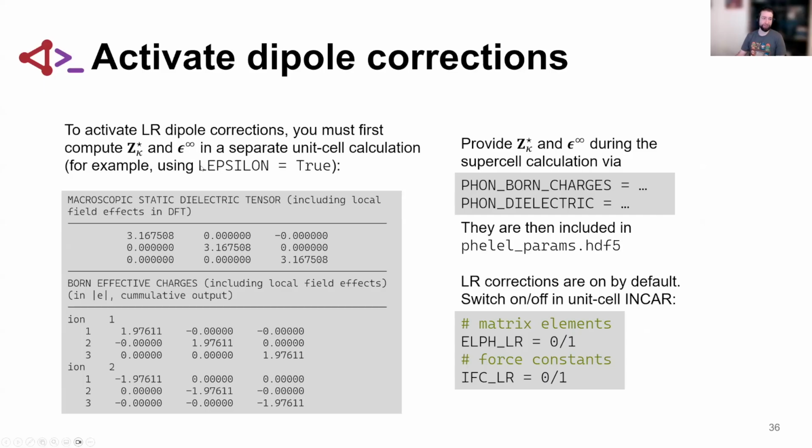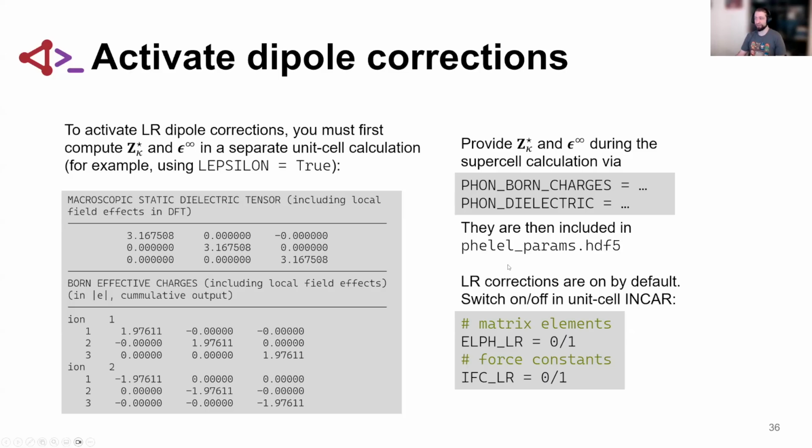You can do this, for example, using LEPSILON = .TRUE. And then you supply them with the same exact tags as you used for phonons, namely the phonon Born charges and phonon dielectric. And they are included already in the supercell calculation and written to the Fel params HDF5.